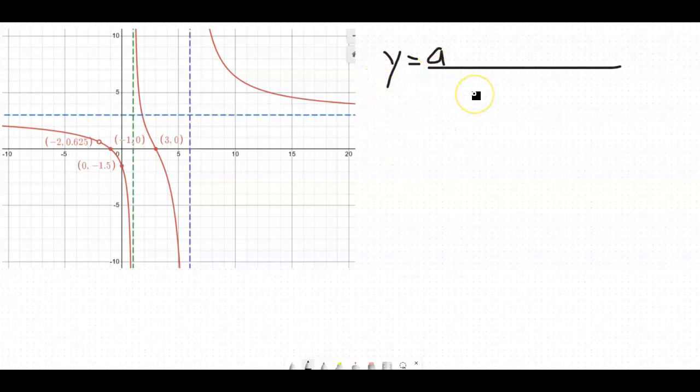So remember, the factors on the bottom appear as either vertical asymptotes or holes. Vertical asymptotes or holes. So here, let's start with the vertical asymptotes.